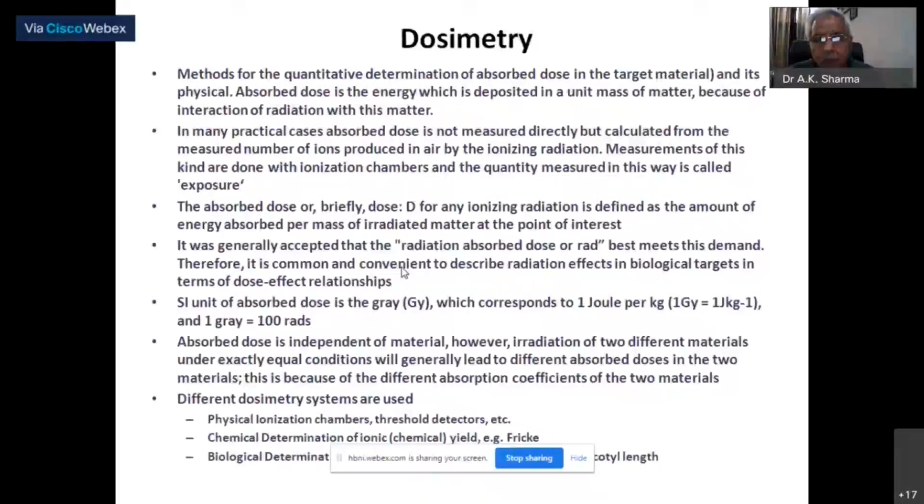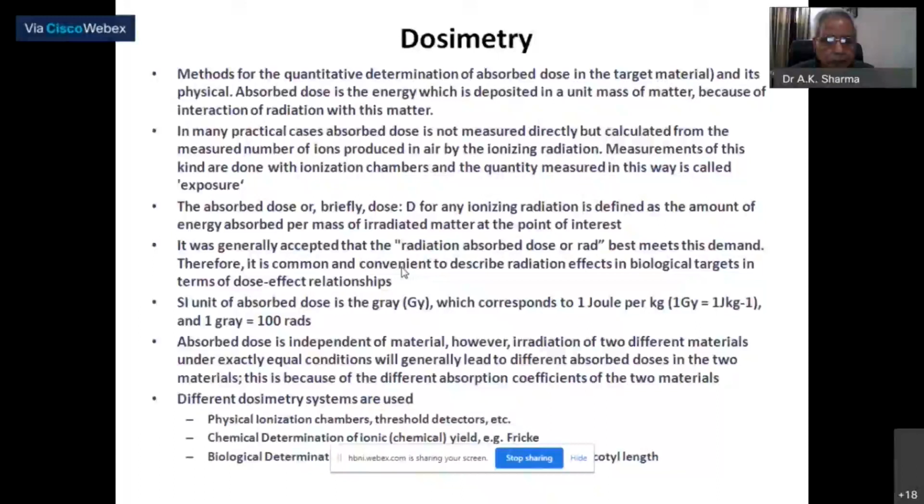The two materials which are absorbing radiation, especially in biological material, you might find absorbed dose differences, and many times small differences in materials may reflect in the dose that is seen. For example, one very important parameter is moisture, and the more the moisture, the more absorbed dose probably you will see.